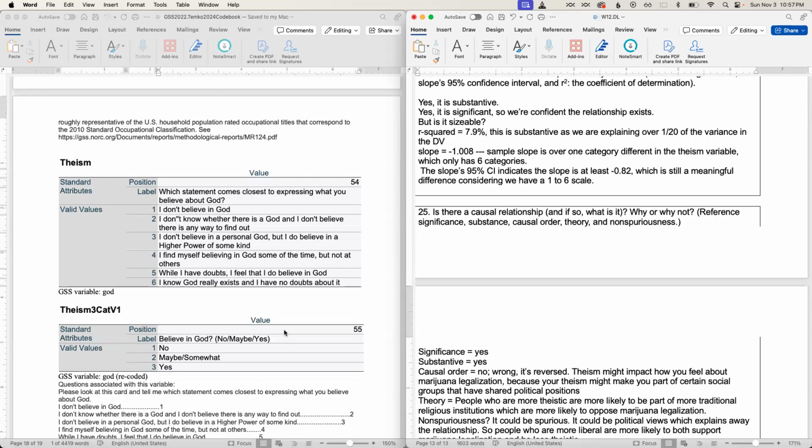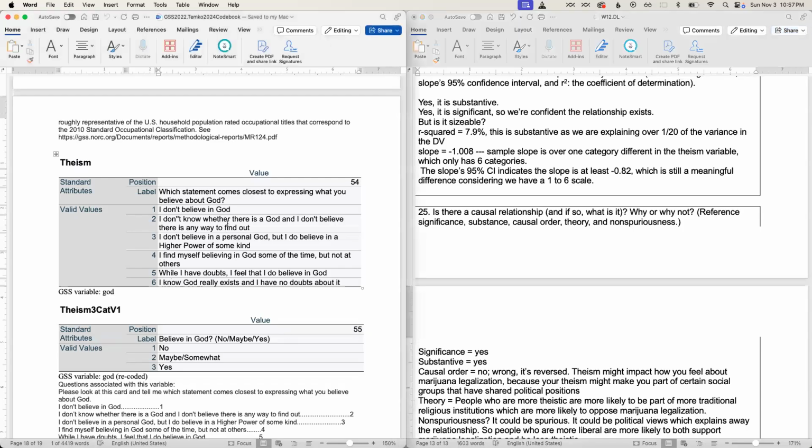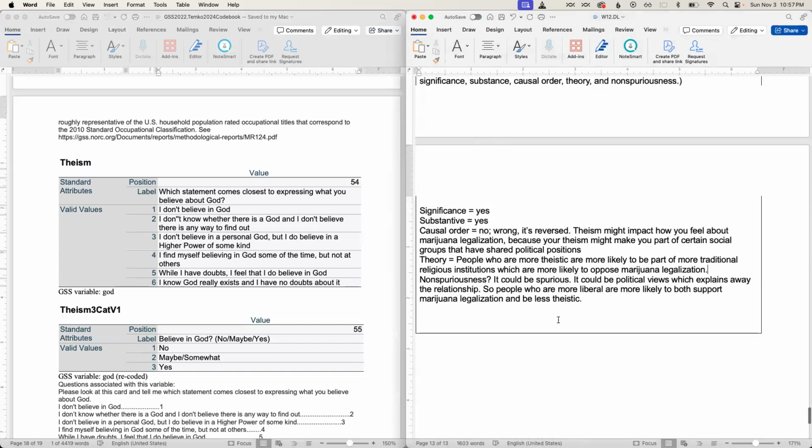And those who are less theistic are probably more likely to be part of organizations, or even religious institutions, that are less strict about things like marijuana, or have more socially liberal views, or take more liberal political positions, and don't want to criminalize people's participation in things like marijuana. Okay, so that is the demo lab.